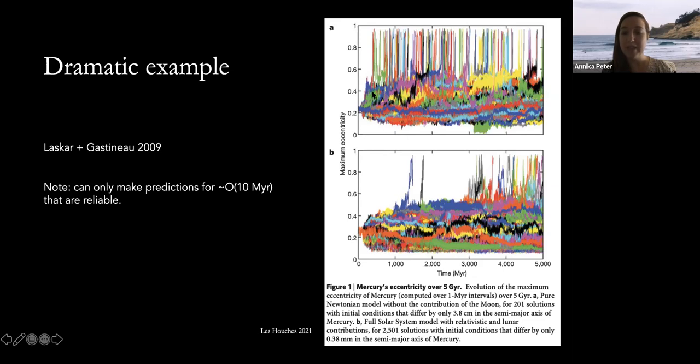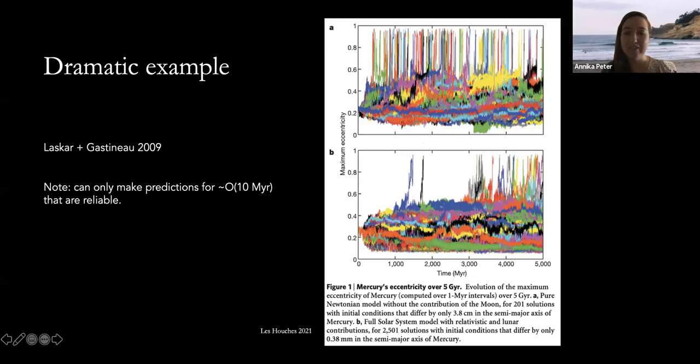In the top panel, what we've got is purely Newtonian gravity. There's no Earth's moon in here. And in this case, the initial position of Mercury is varied by only 3.8 centimeters. Look at all these different outcomes for the eccentricity of Mercury with time.